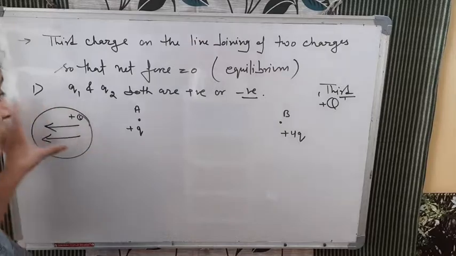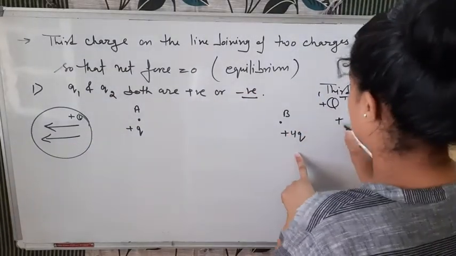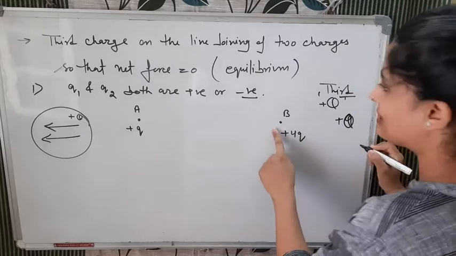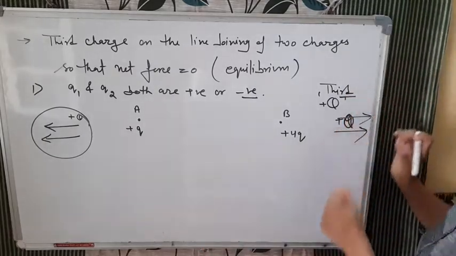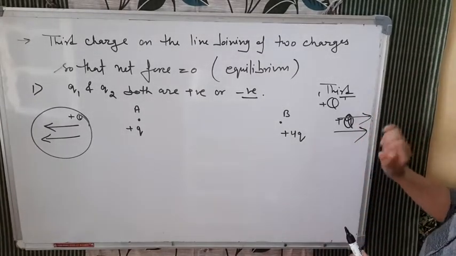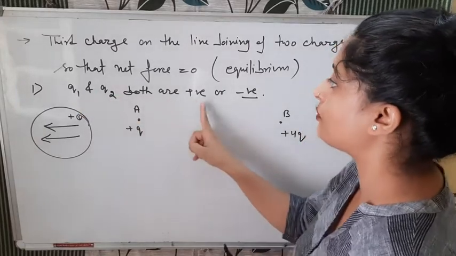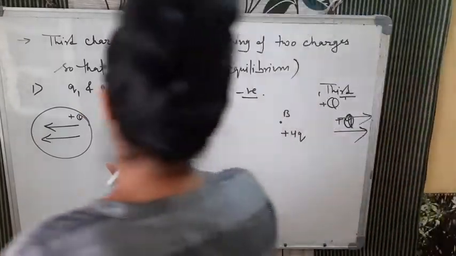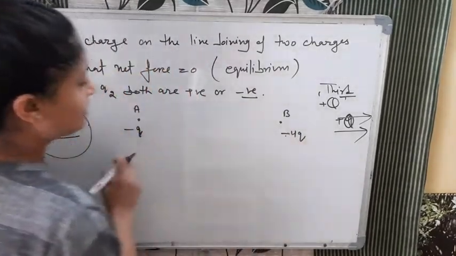Force will not come 0 on this side. In the same way, if we put this plus q charge on this side, again due to this and due to this it will repel in this direction, and again the forces will combine. There will be no case of subtraction of the forces, so the force will not come 0. So one thing always remember, when q1 and q2 are both positive or both negative, the second case is also possible. For example, this is minus q, this is minus 4q, both of the same sign.